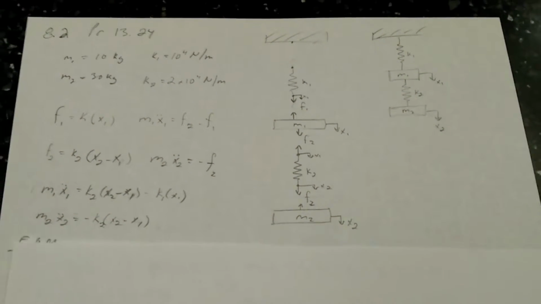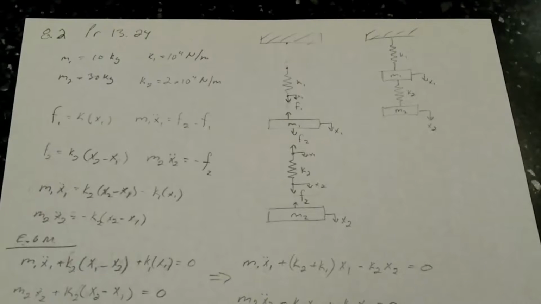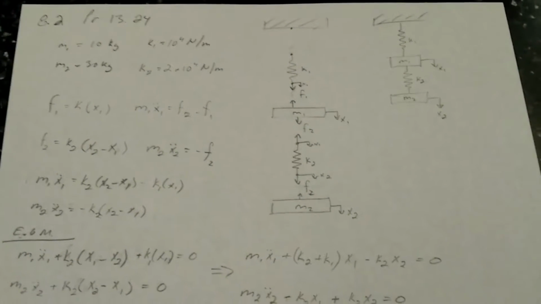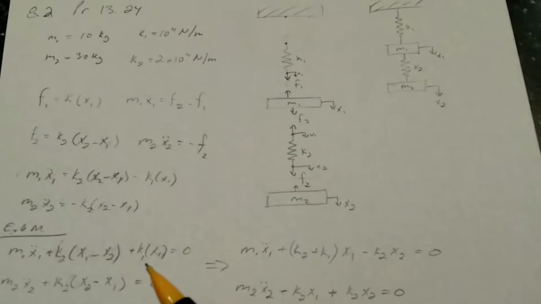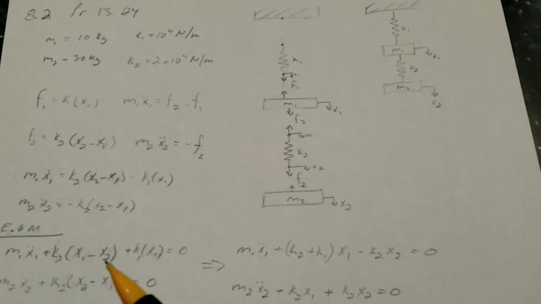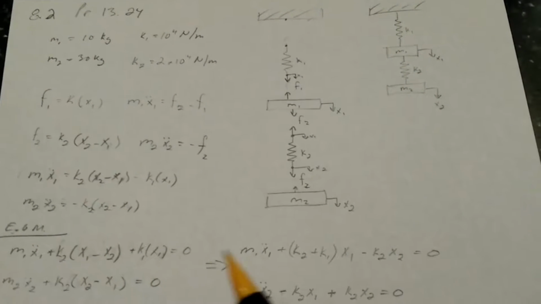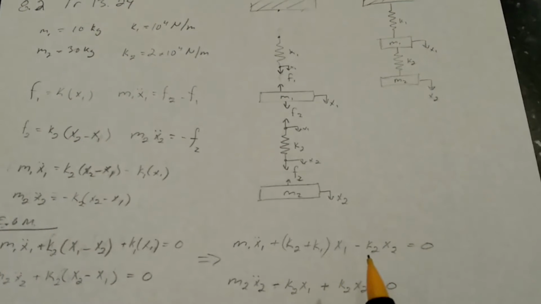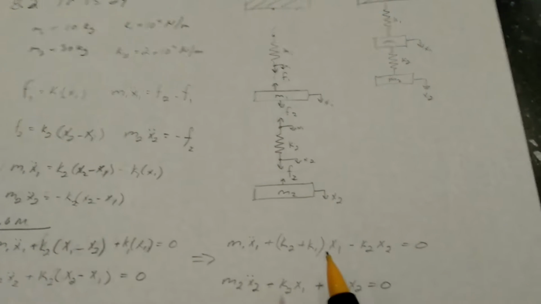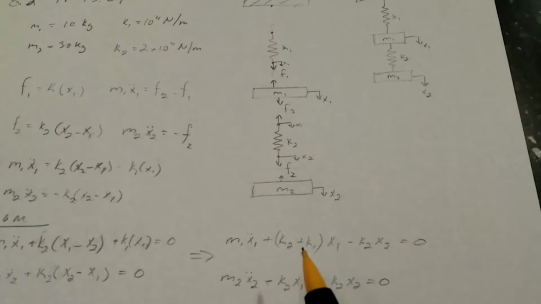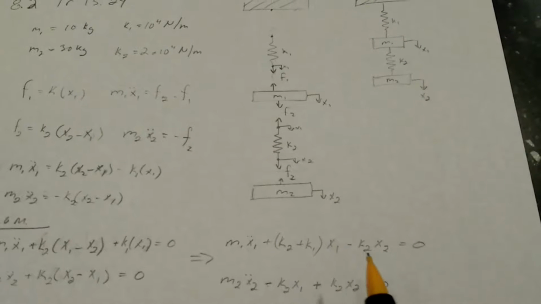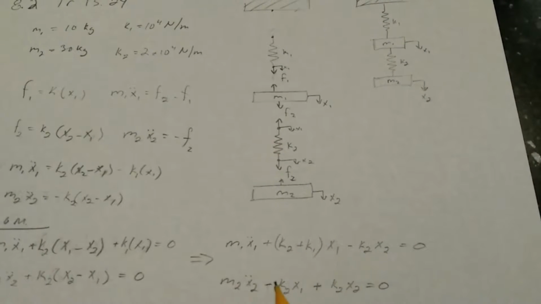And as I did, you can see for the first mass, just rearranging the terms, we'll eventually get to this. And here I moved all the x1 terms together, which are just both the k's, and separated the x2.